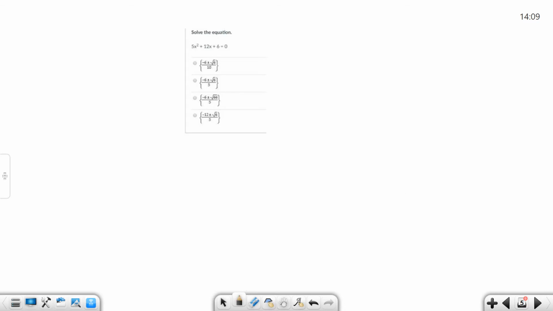Okay, you'll notice that this problem just says solve the equation, but if you look at your answer choices, you'll see that the way you solve this one is with the quadratic formula. Okay, so in this particular problem, A is 5, B is 12, and C is 6.